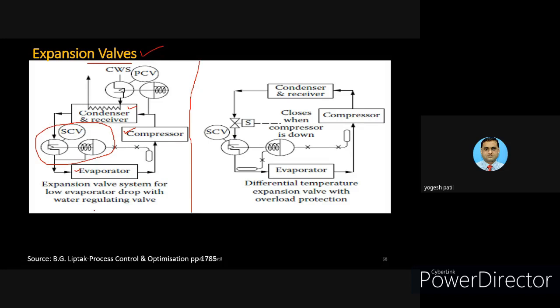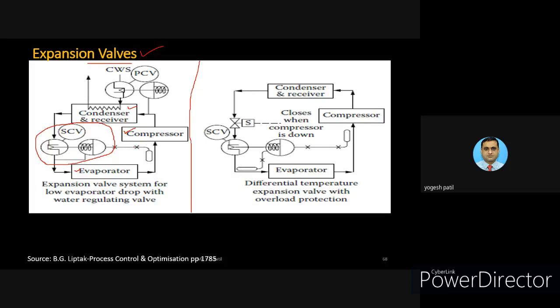Now there are two things on the left-hand side. If you see this actuator part, you can easily see the actuator over here, and this is the main stem part. In any control valve there is an actuator part and a stem part, and in this actuator part you can see there are two types of inlet to this valve.